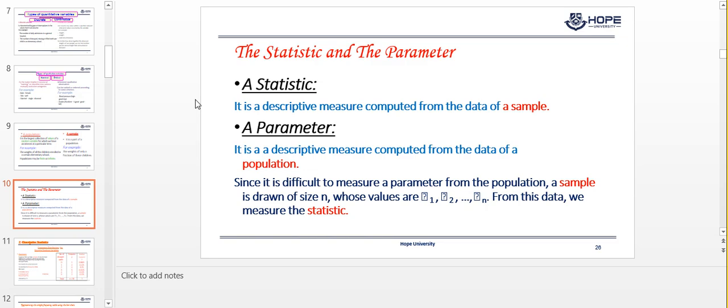So when we use the word statistics, we understand the data is sample-based, not the whole population. A parameter is a descriptive measure computed from the data of the population. Since it's difficult to measure a parameter from the population, a sample is drawn of any size from the data, so we measure statistics as we are using a sample.